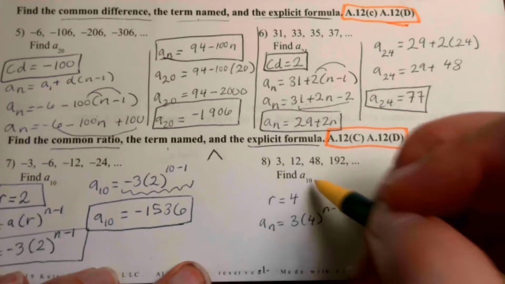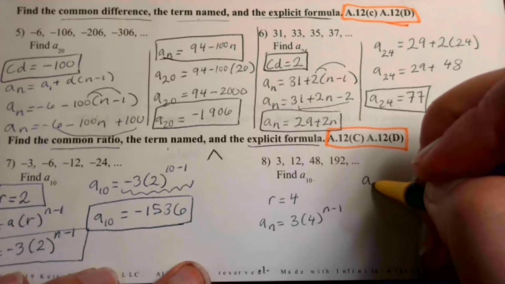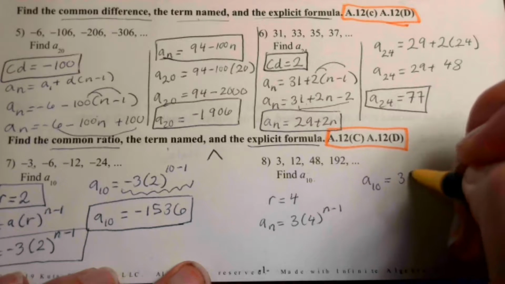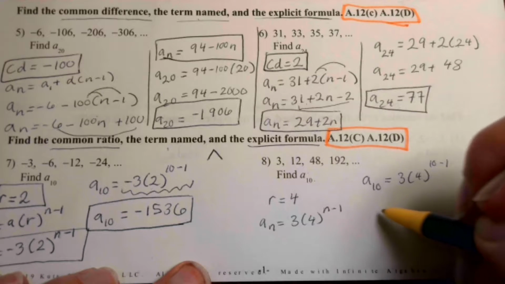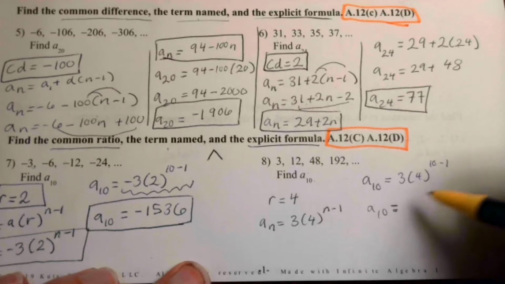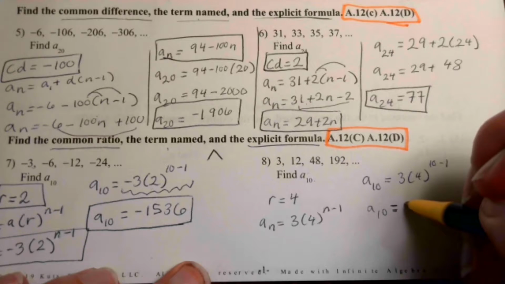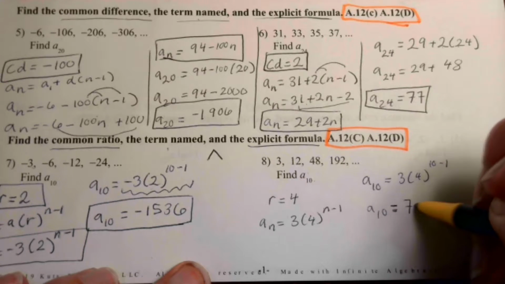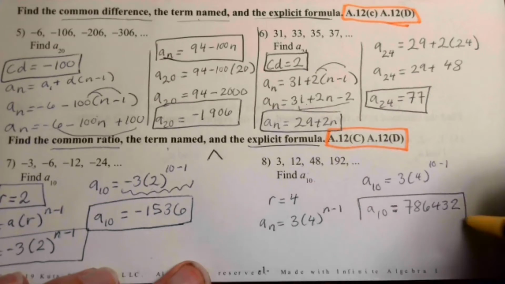To find the 10th term, I'm simply going to say a sub 10 is equal to 3 times 4 to the 10 minus 1. A sub 10 is equal to 4 to the 9th power. Definitely don't know that. I'm using a calculator on my phone. And this is what I'm getting out.